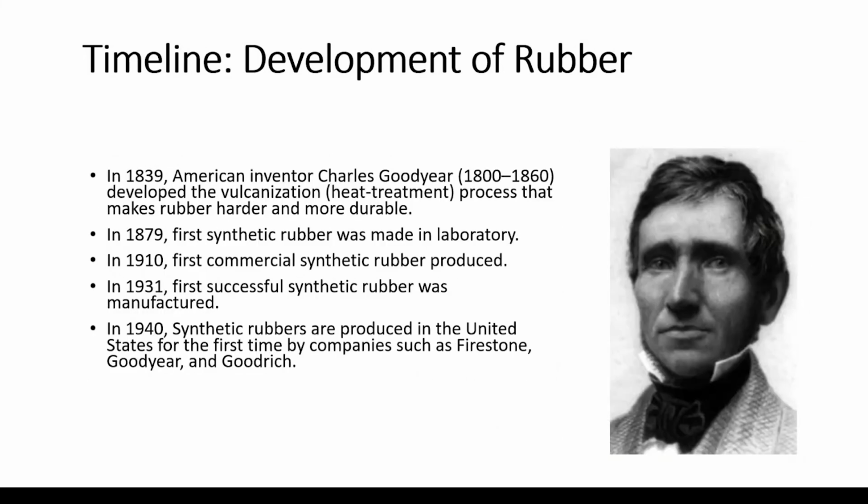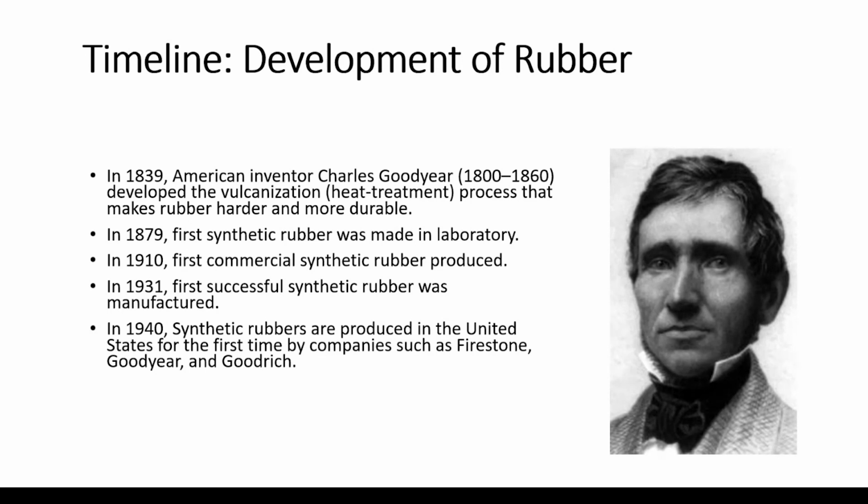In 1791, Englishman Samuel Peel developed a method of waterproofing cloth with a rubber solution. Next slide. In 1839, American inventor Charles Goodyear developed the vulcanization heat treatment process that makes rubber harder and more durable. Vulcanization is a process of treating rubber with sulfur and heat to harden it while keeping its elasticity. In 1879, the first synthetic rubber was made in a laboratory.